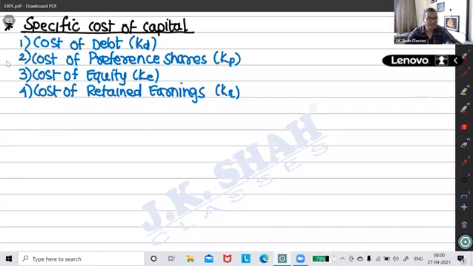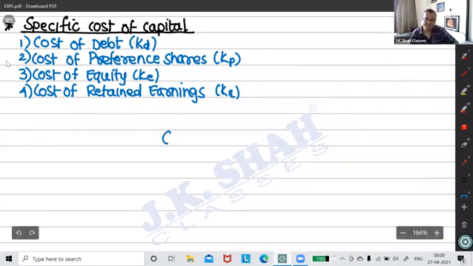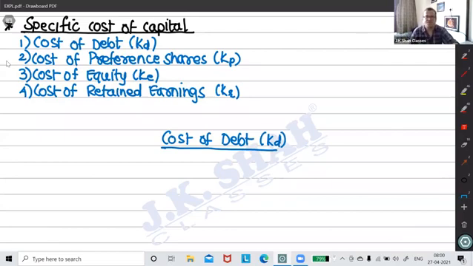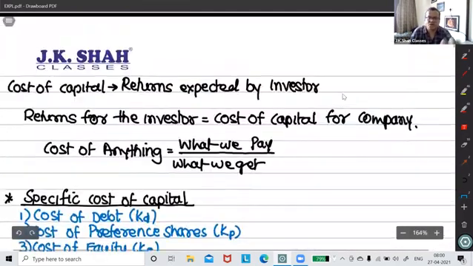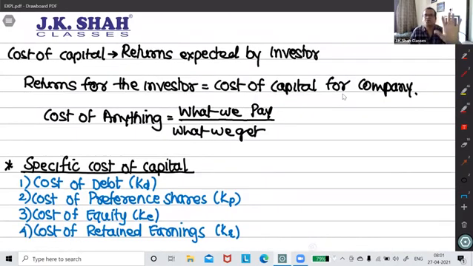So, first thing first, we talk about cost of debt. Here it's very simple. Go with this logic: for cost of anything, what do we pay and what do we get? Suppose I issue debentures. What do I have to pay? I have to pay interest. What will I get by issuing debentures? I'll get money, net proceeds.